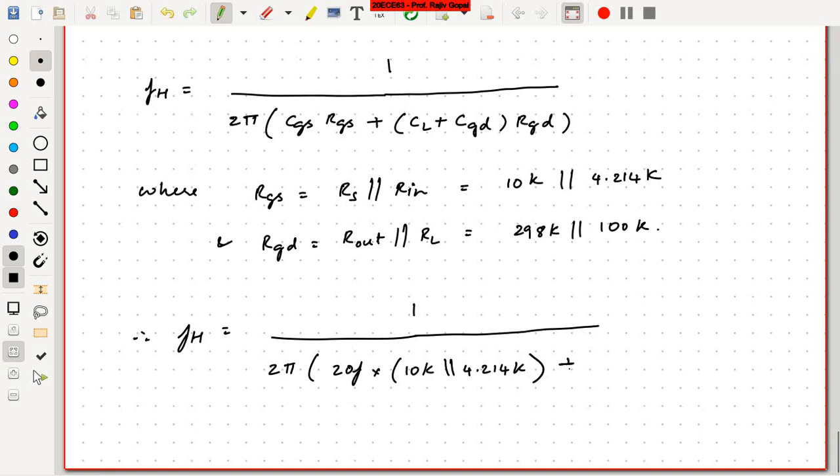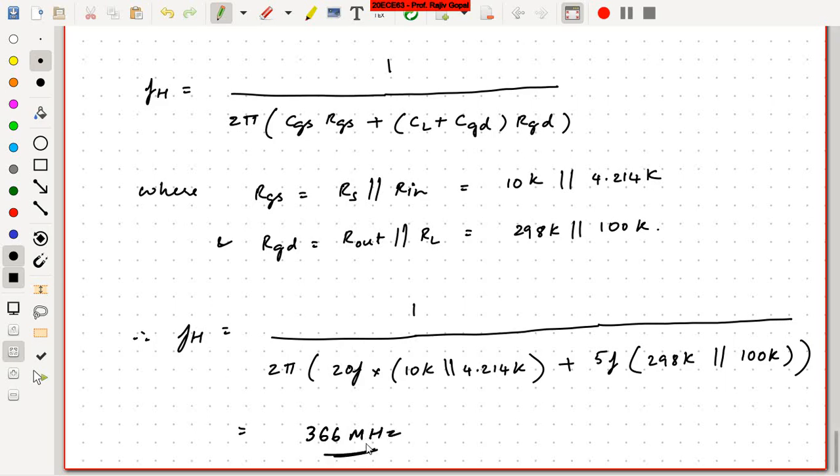Okay, plus CL is 0, CGD is 5 femto, so 5 femto into 298 kilo parallel 100k. Right. So if you solve this, you will get 366 megahertz. Okay, this is your final answer.